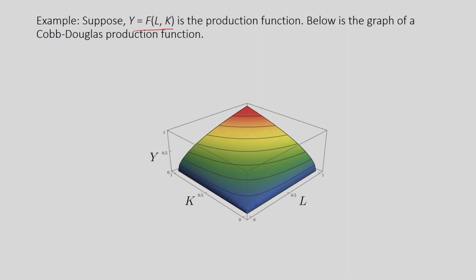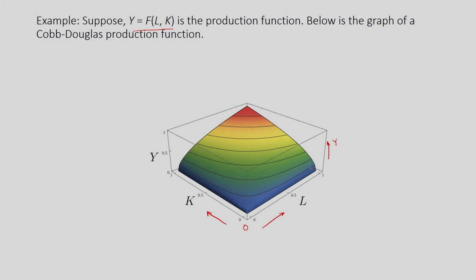Below is the graph of a Cobb-Douglas production function. So, here you have, starting from 0, this is the origin. Vertically you are going up, that is the output level, and it is color coded, which means that if you are going along the same color, the output level is remaining same.